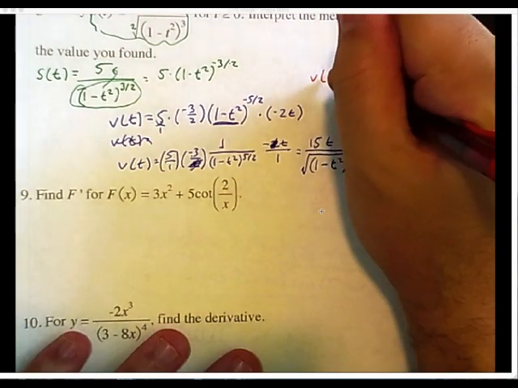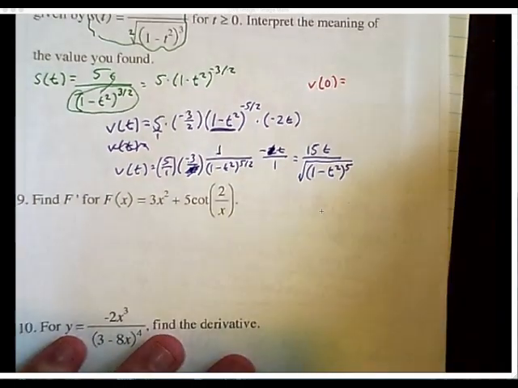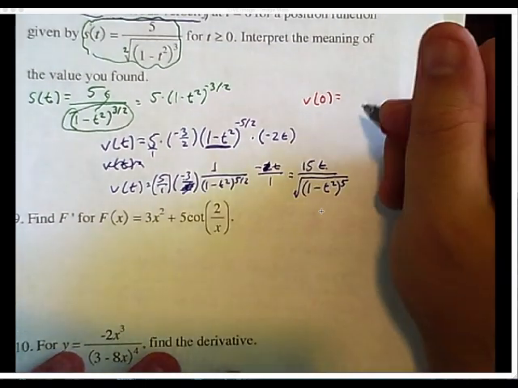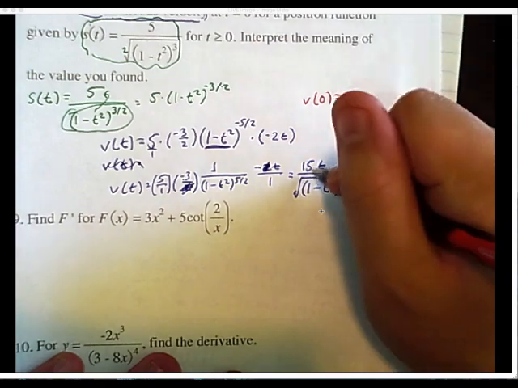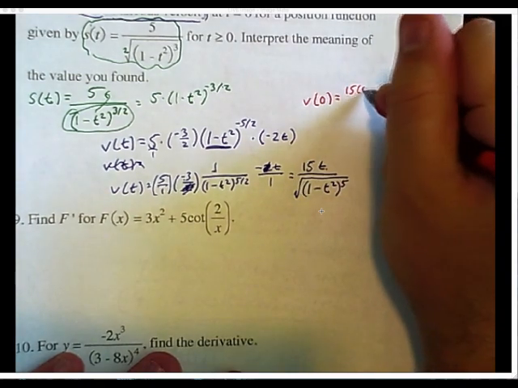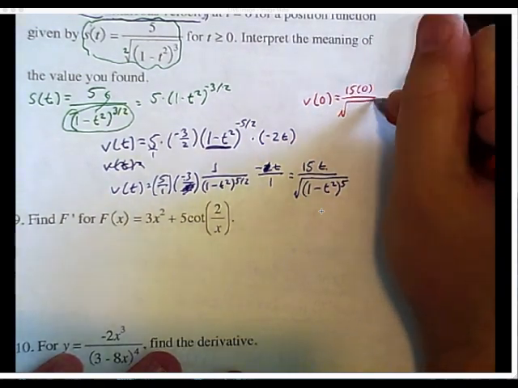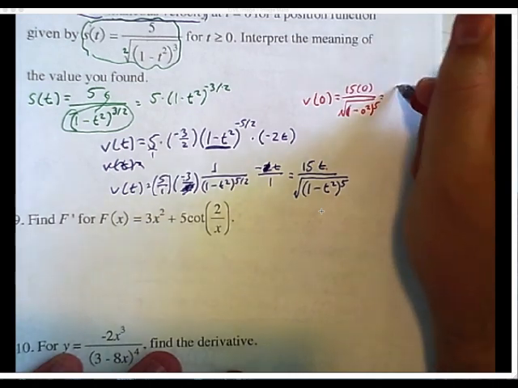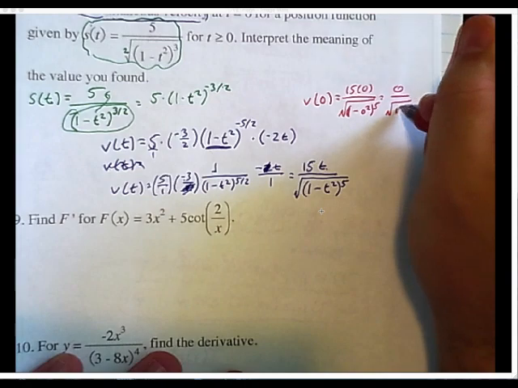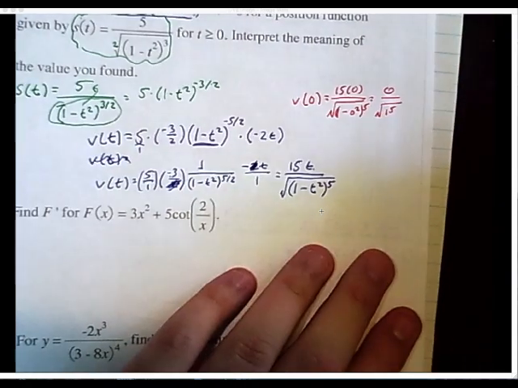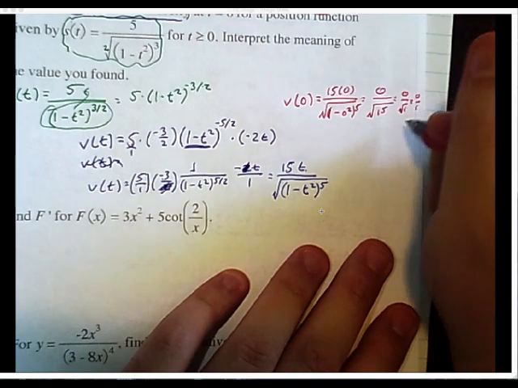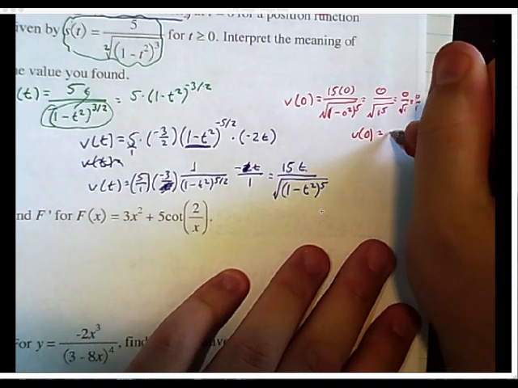Now to figure out what v of 0 is, everywhere I see a t, I'm going to plug in 0. So 15 times 0 over the square root of 1 minus 0 squared raised to the 5th power. So that's 0 over square root of 1 to the 5th, which is 0 over the square root of 1, which is 0 over 1, which is, of course, 0.